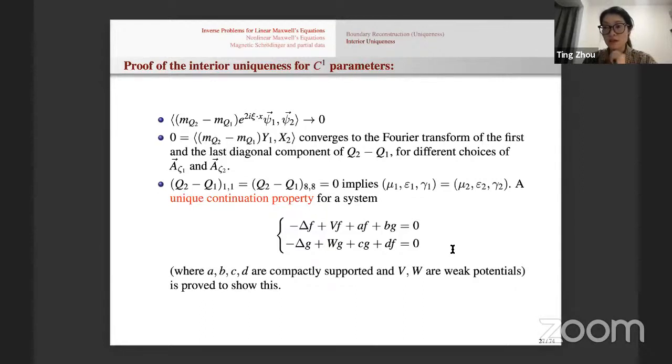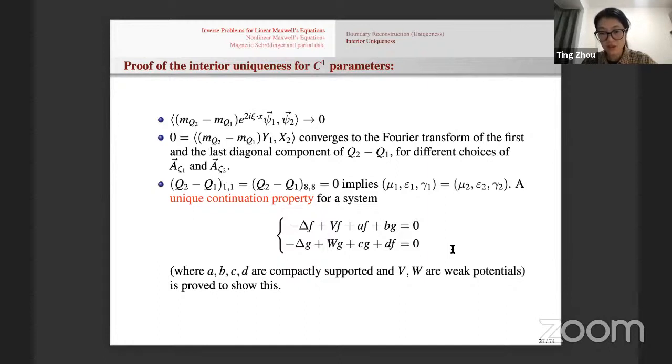Right, for the partial data, I didn't mention anything here, but for Maxwell's equation case, the results are completely different from the Calderon problem, as you know. For the Calderon problem with partial data, you have the tool of the Carleman estimate.